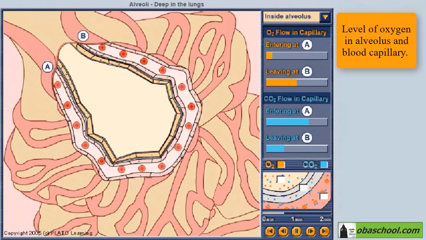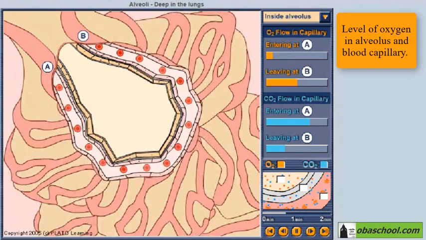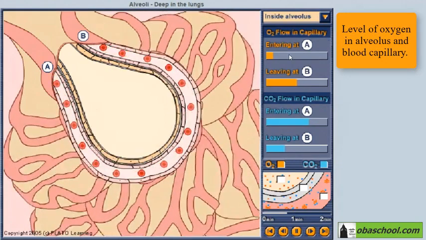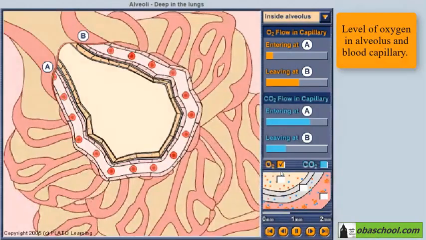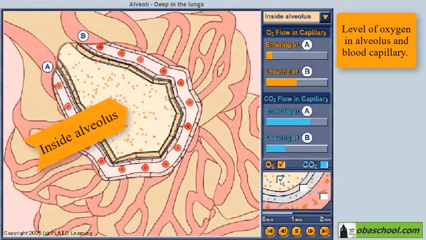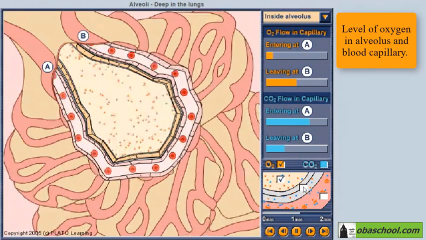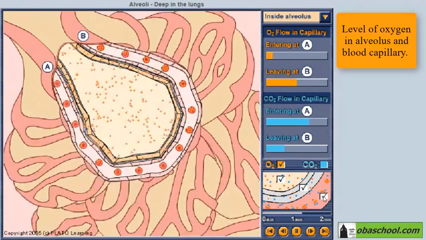So let us now investigate the level of oxygen gas in the alveolus. As you can see, the oxygen gas has the orange color, and now we are going to observe the level of oxygen molecules inside the alveolus. And let us see the amount of oxygen molecules as well inside the blood capillary.